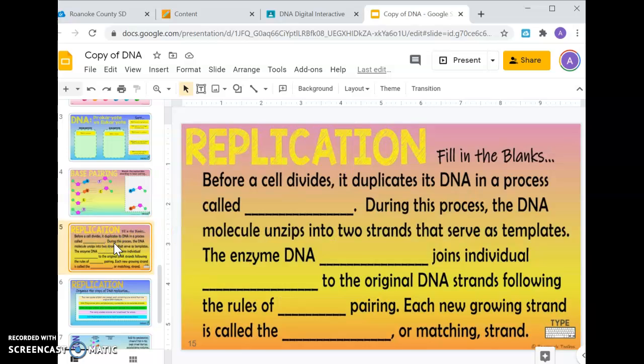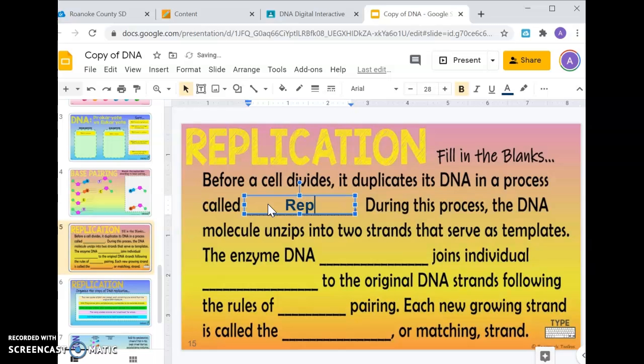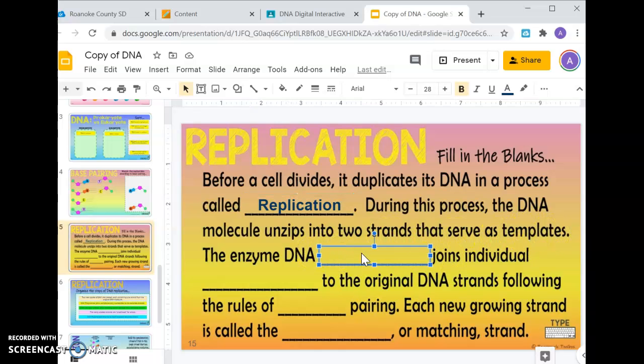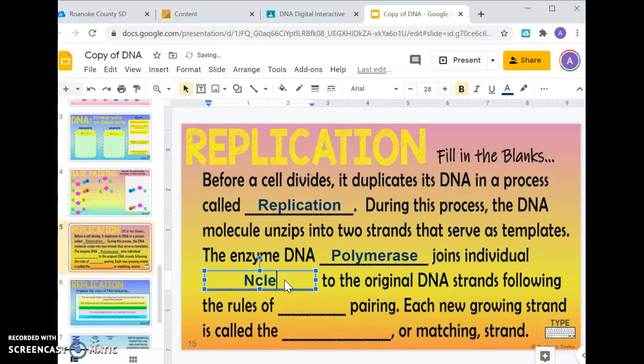So we're going to fill in the blanks on slide 5. Before a cell divides, it duplicates its DNA in a process called replication. We've been hearing that one over and over again. That happens in the S phase of interphase. During this process, the DNA molecule unzips into 2 strands that serve as templates. The enzyme DNA polymerase joins individual, this is going to be the monomers called nucleotides.